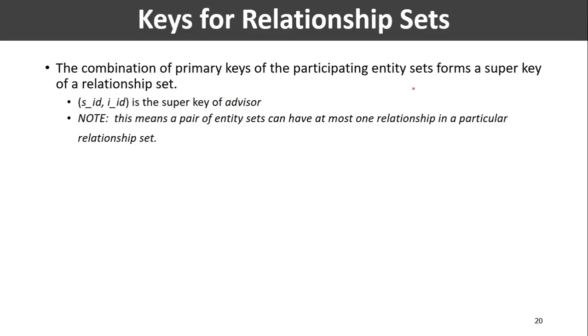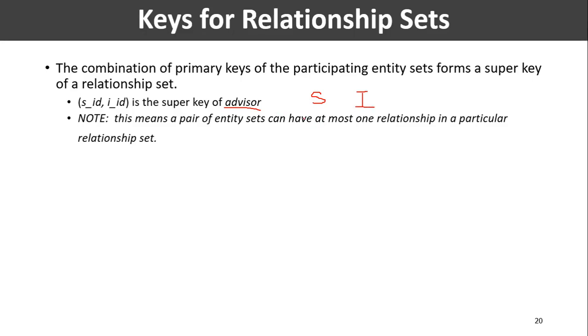So let us assume our example once again. In our relationship set, that is advisor, two entity sets are participating. And which are these two entity sets? The student entity set and the instructor entity set.